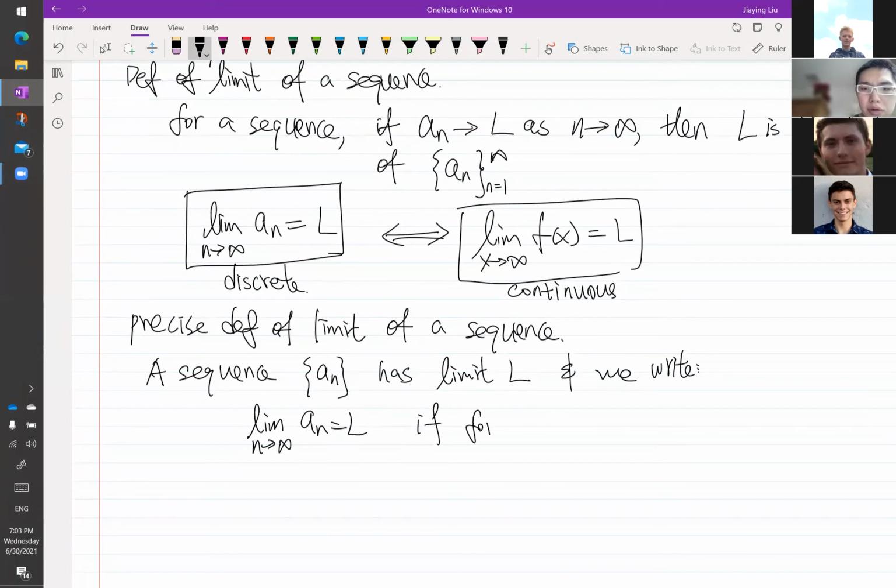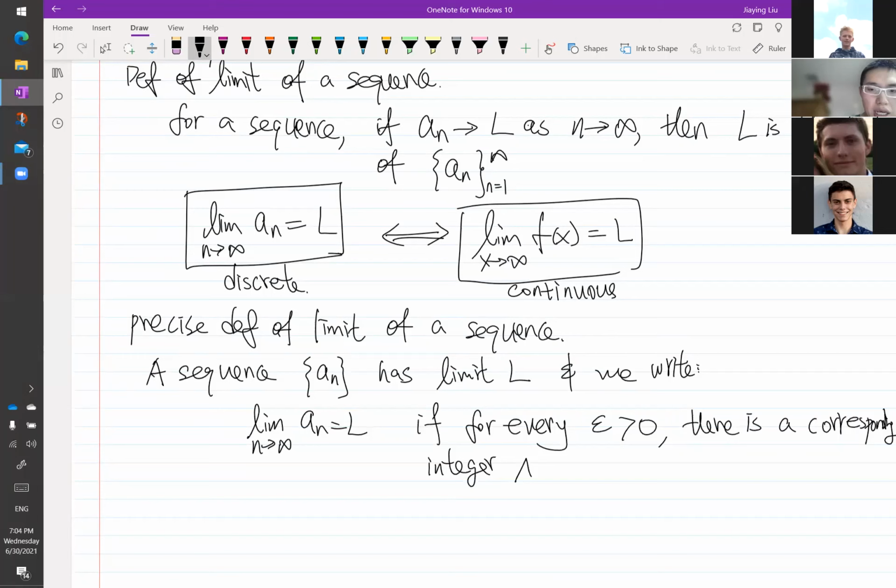if for every epsilon, some small number greater than 0, there is a corresponding integer N, capital N, such that, this means such that, I don't know if you've seen it before, so let me note, such that for all n, so for all, for every, for all means the same.